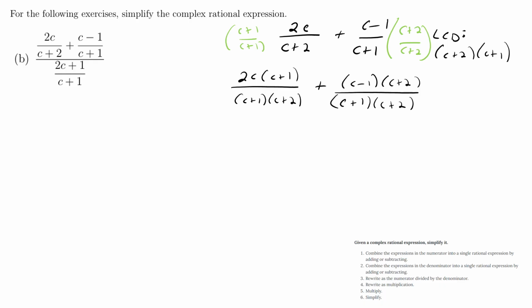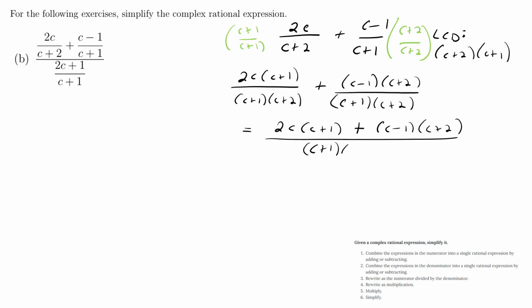And then I can add them. I would probably just simplify the numerator in terms of factors. So I'm going to leave this as 2c times c plus 1 plus c minus 1 times c plus 2, all divided by c plus 1 times c plus 2. And the reason I did that is if you look at the denominator there, I think we might be able to do something with that, right? So that's my new numerator.